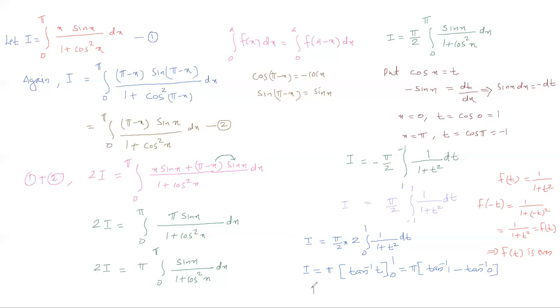That means I is equal to pi into tan inverse 1, which is pi by 4, tan pi by 4 is 1, minus tan inverse 0, tan 0 is 0. So that is minus 0. That is pi into pi by 4, which is pi square divided by 4.